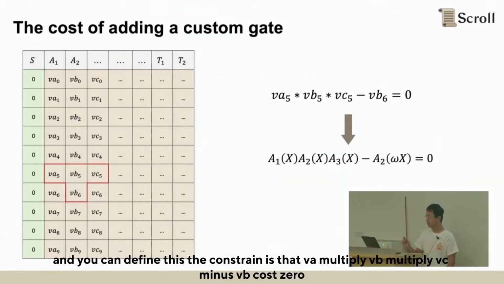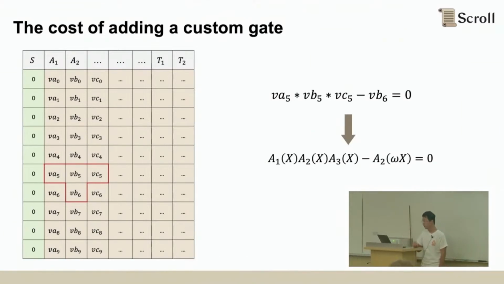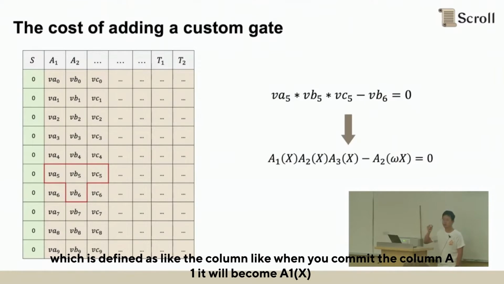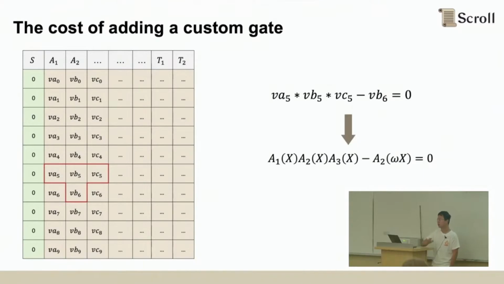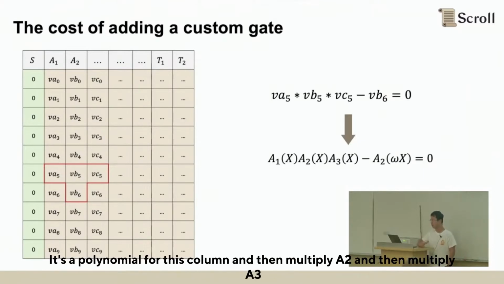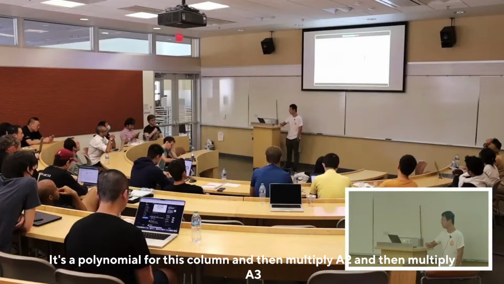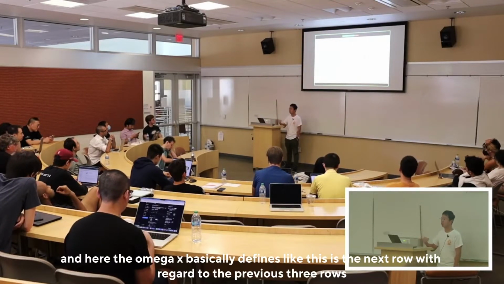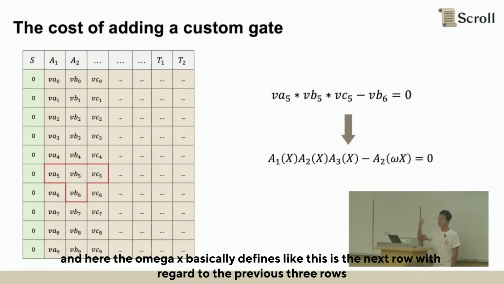The constraint is VA multiplied by VB multiplied by VC minus VB equals 0. That is then translated into this polynomial identity: A1(x), the polynomial you get when you commit the column A1, multiplied by A2 and then multiplied by A3, minus A2(ωx), equals 0. Here ωx defines the next row with regard to the previous 3 rows.